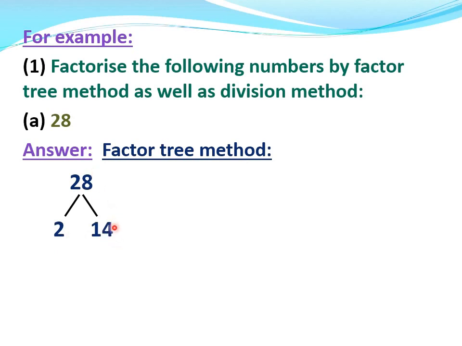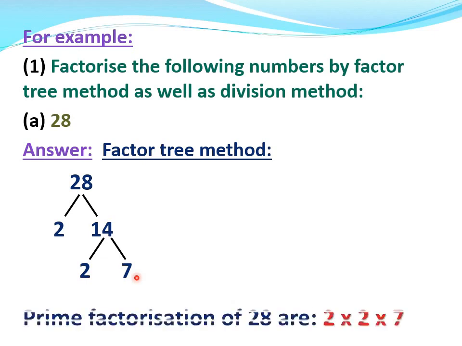Now factorize 14. Yes, 14 is divisible by 2. Write 2 here and 7 here. 2 multiply 7 equals 14. Now 7 is a prime number, so we will not factorize further. Prime factorization of 28 is 2 multiply 2 multiply 7.